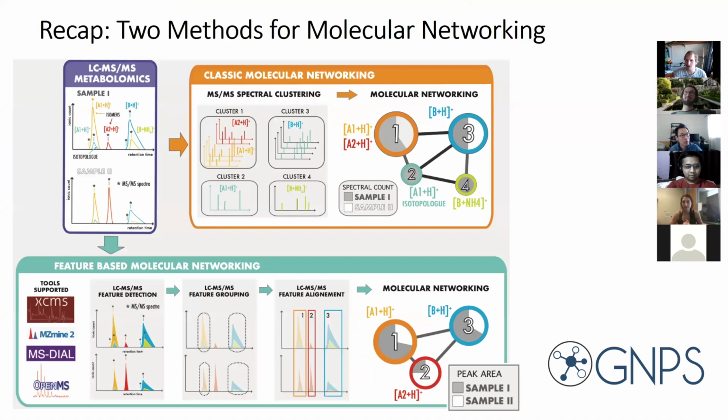I just wanted to give you a recap of what Ming already told you a second ago. Last week we showed you feature-based molecular networking, an alternative approach to classical molecular networking, where we make use of feature finding tools to work with extracted ion chromatograms and link those to MS2 spectra for molecular networks.